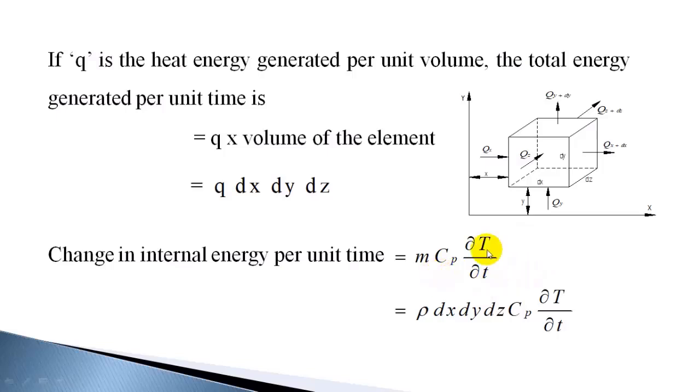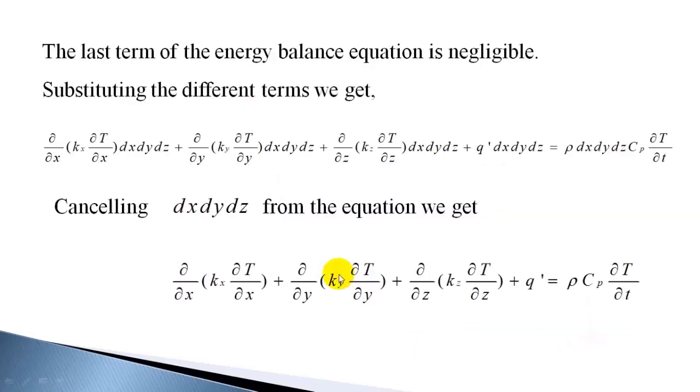So, m Cp into ∂T/∂t. m is the mass of the element. You can calculate it as volume into density, so it is rho, the density. Volume of the element is dx, dy and dz. Into Cp into ∂T/∂t. So, rho dx dy dz Cp ∂T/∂t.